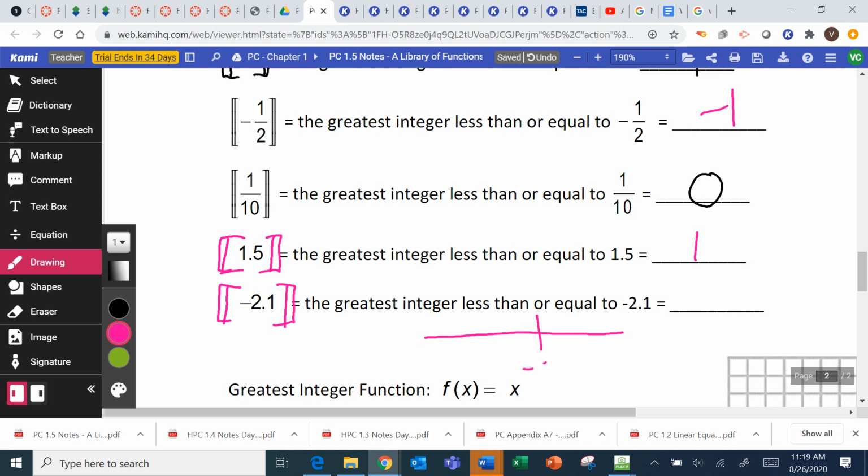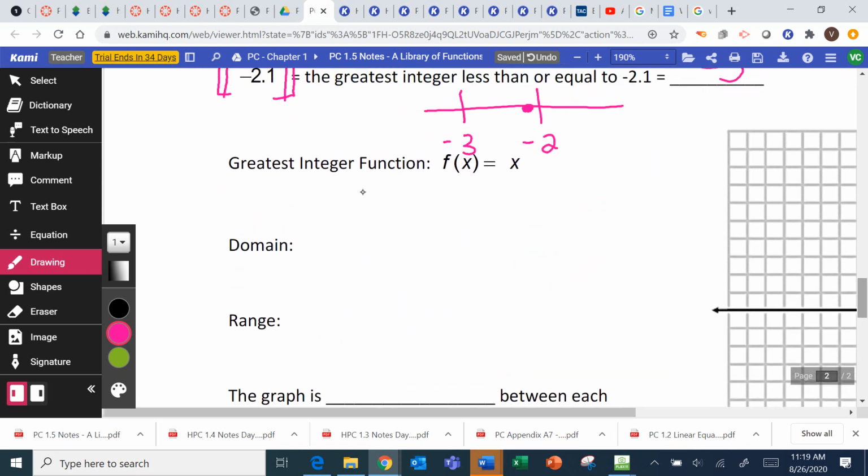So if we have negative 2 here, and negative 3 here, negative 2.1 is about there. So what's less than? Oh, negative 3. It would be negative 3. That's why I said the number line sometimes helps us, because our brains really want to go to negative 2 so badly.